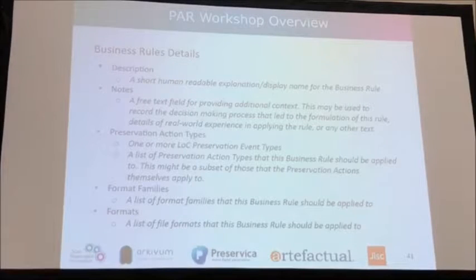It's used within the PREMIS data dictionary as well. And so this is the category, the classification of the preservation actions. While you don't have to use any particular controlled vocabulary here, we've focused our examples on these Library of Congress preservation event types.